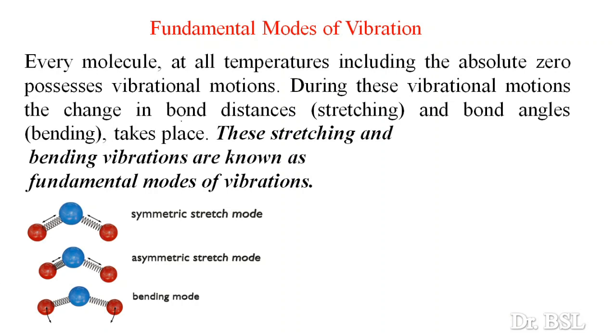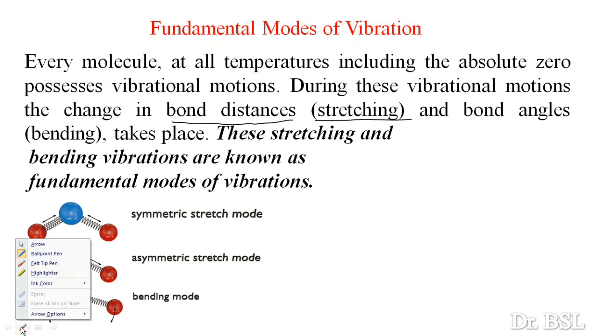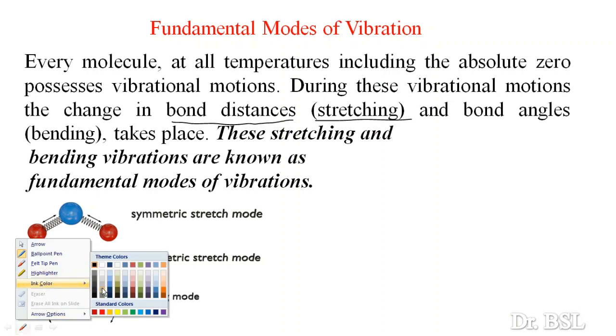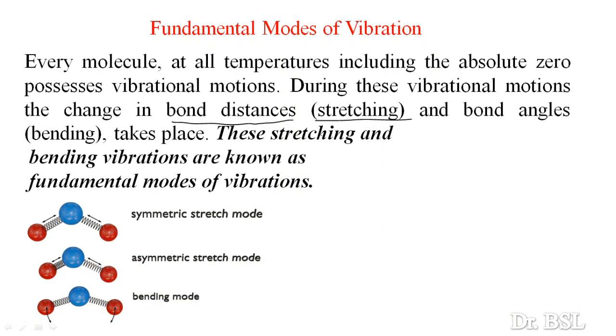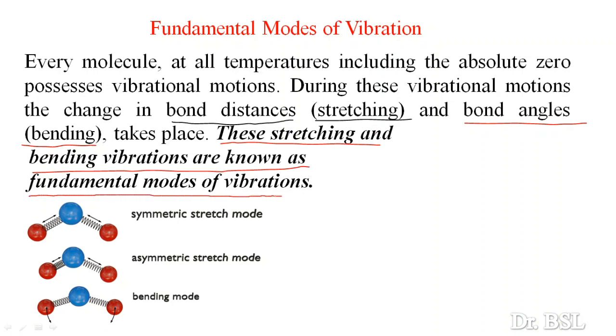So, change in bond distance is known as stretching vibrations, and change in bond angle is known as bending vibrations. So these stretching and bending vibrations are the two fundamental modes of vibration.